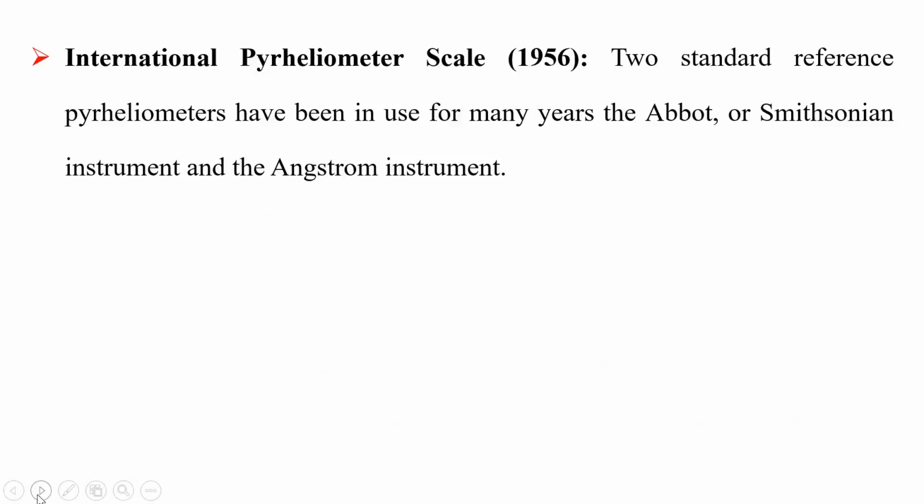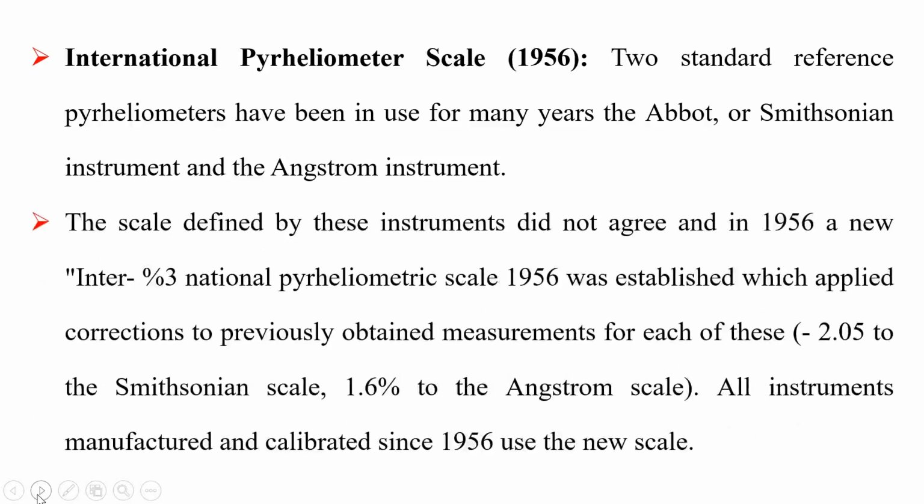Two standard reference pyroheliometers have been in use for many years, the Abbott or Smithsonian instrument and the Angstrom instrument. The scales defined by these instruments did not agree, and in 1956 a new international pyroheliometric scale was established, which applied corrections to previously obtained measurements: minus 2.0% to the Smithsonian scale and plus 1.6% to the Angstrom scale.